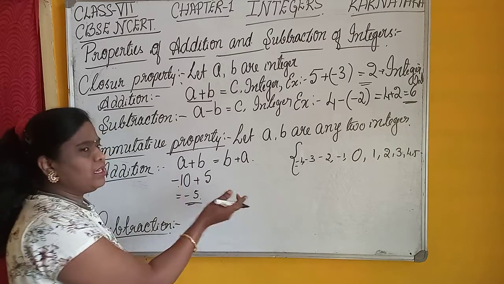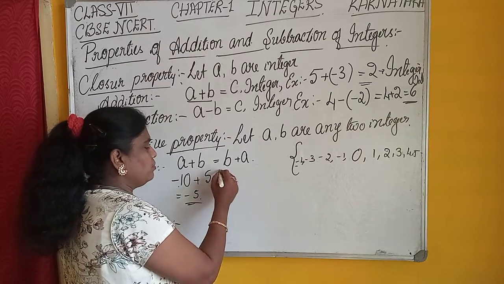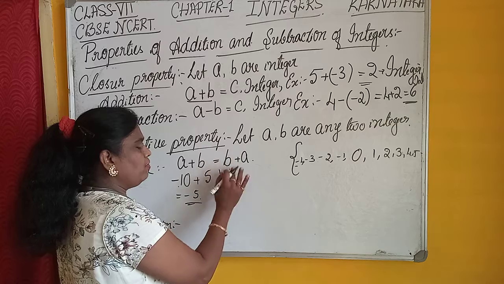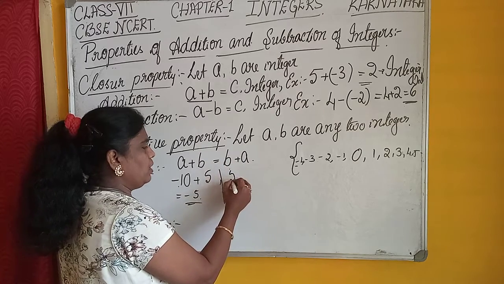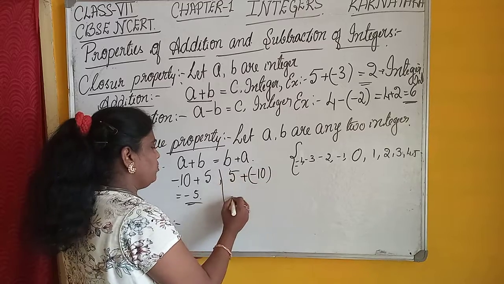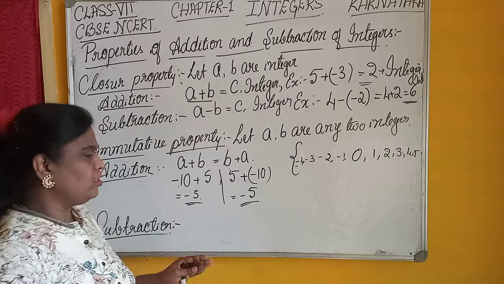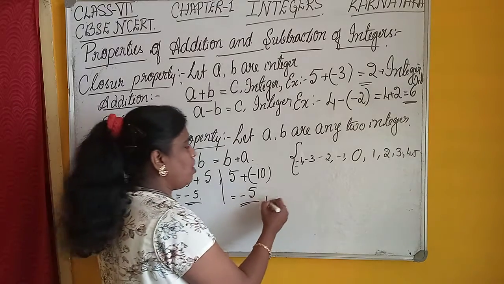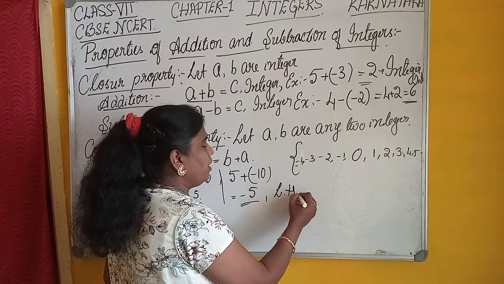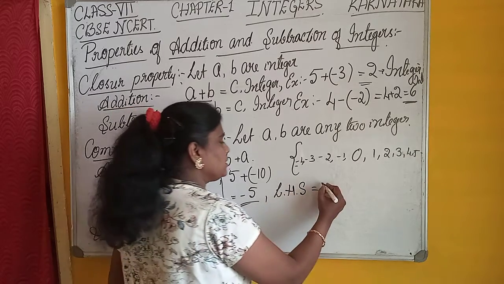If we add these integers in the reverse order, taking the second number first, that is B, that is 5 plus minus 10, we will get minus 5. Understood? Here LHS is equal to RHS. We can add the integers in any order, we will get the same.